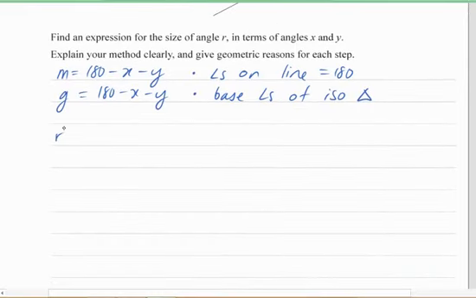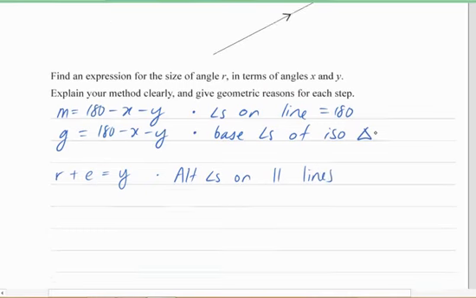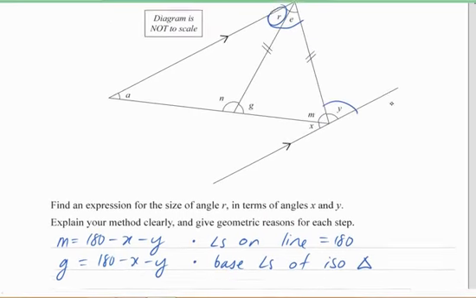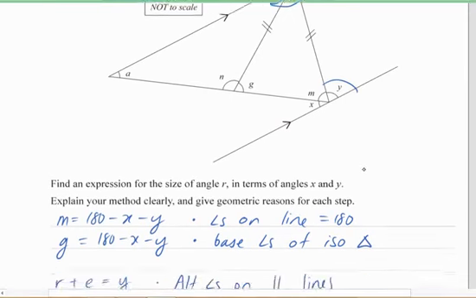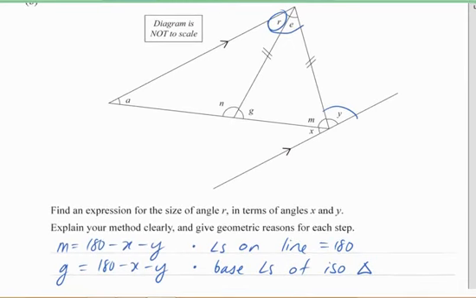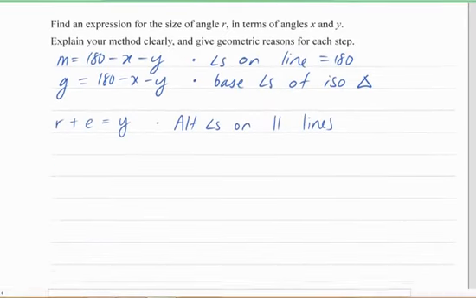So R plus E is going to be equal to Y because of alternate angles on parallel lines. And we are still going to need N and A as well. I think, oh no, we'll just use E. If we can find out E, then we can take it away from R, can't we? So let's work out E.